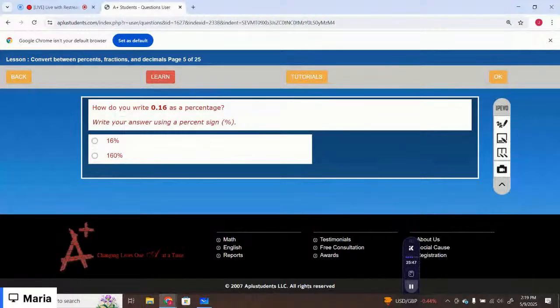How do you write 0.16 as a percentage? So 0.16 as a percentage equals 16%.